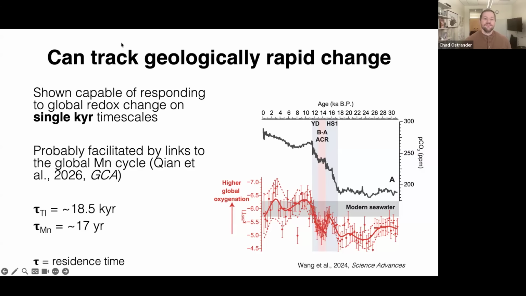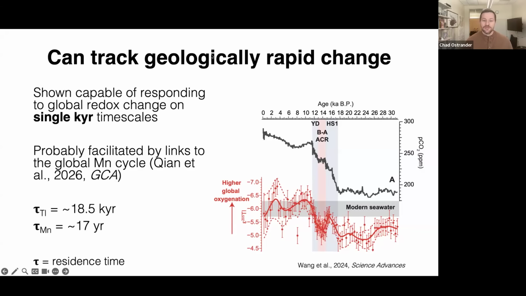These shifts are even quicker than the residence time, the response time, of thallium, which is interesting and could have to do with thallium's linkage to the manganese cycle. The residence time of thallium in the ocean is 18,500 years, and so it should respond on those types of timescales. It's responding much faster. The manganese cycle, which it works through, has a much shorter ocean residence time of 17 years.